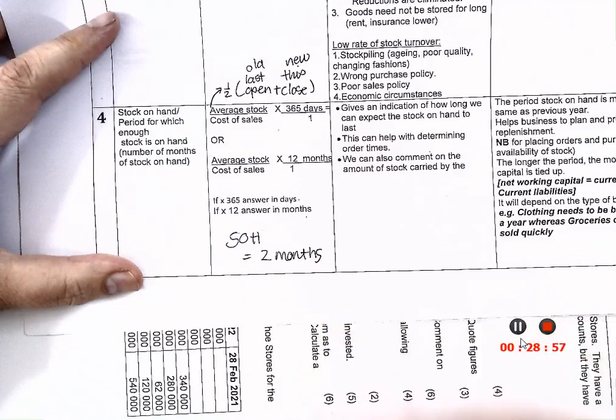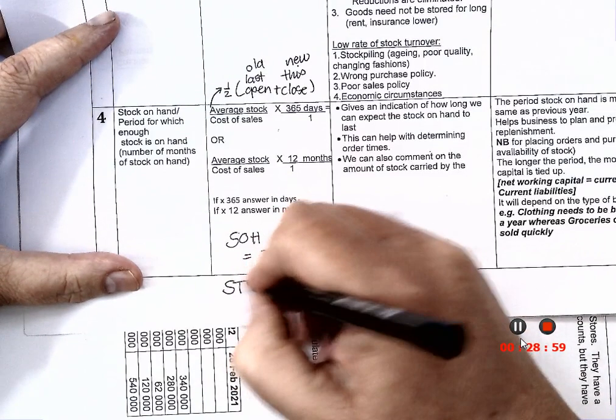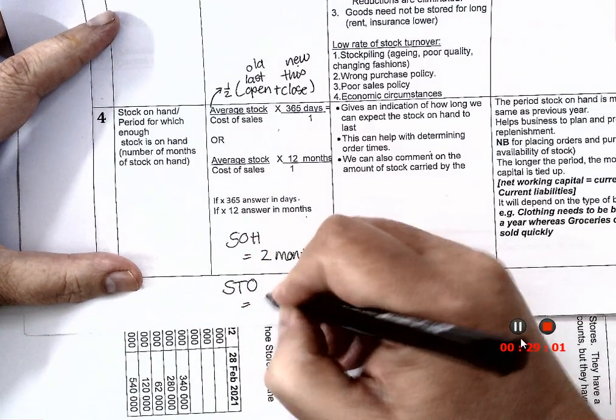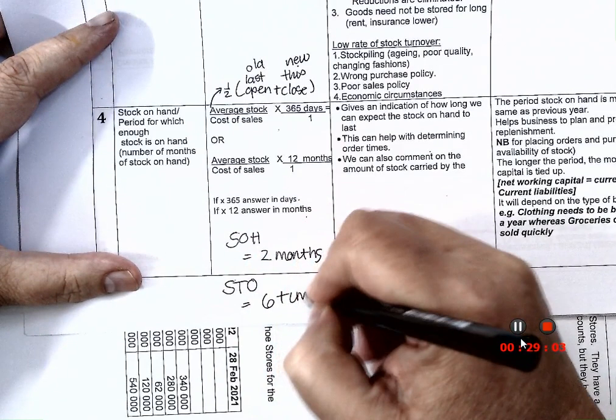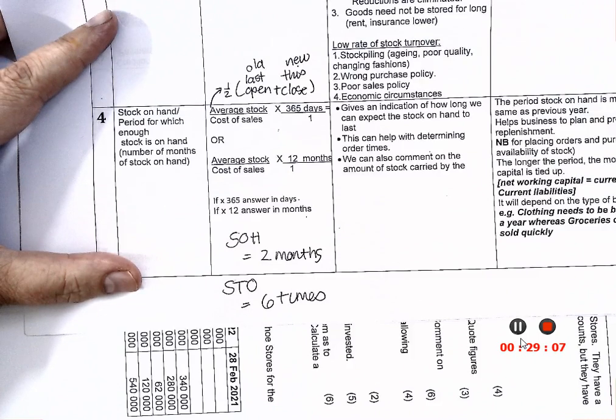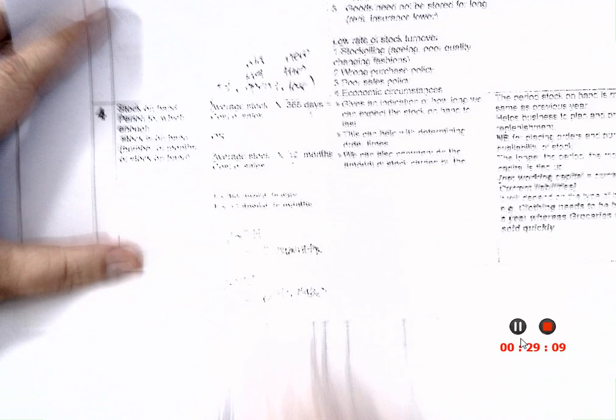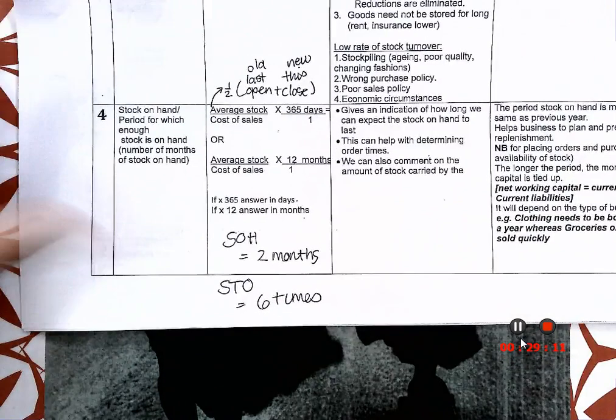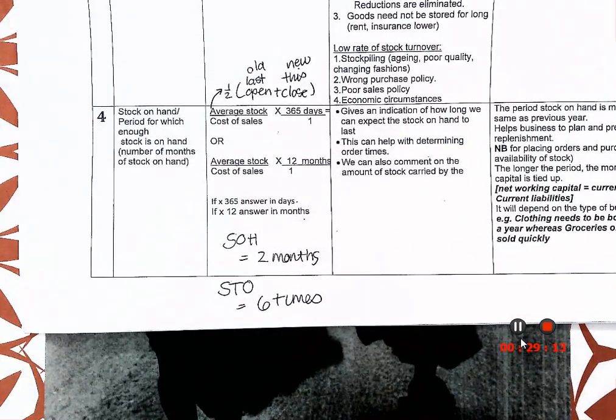What's going to be my stock turnover then? Does that make sense? Let's go through it. If I have stock on hand for 2 months, it means I replace it every 2 months in a year. And how many times will I replace it in the year? 6 times. Can you see?